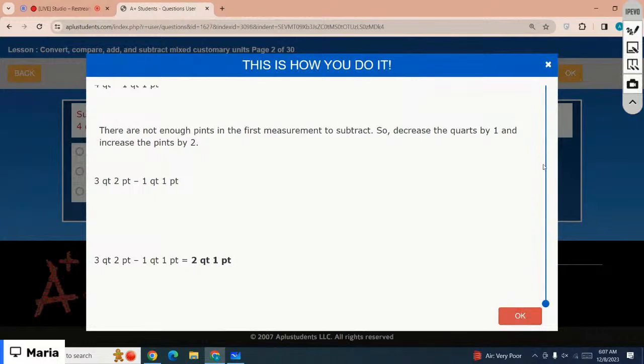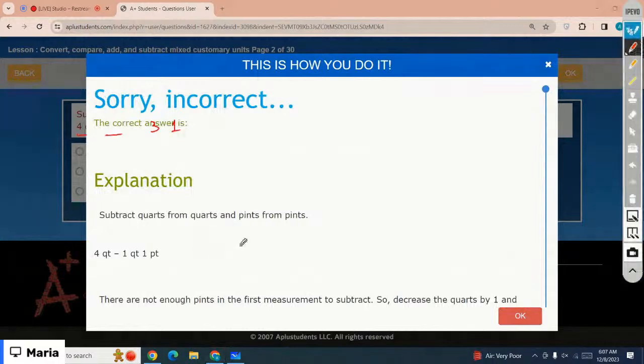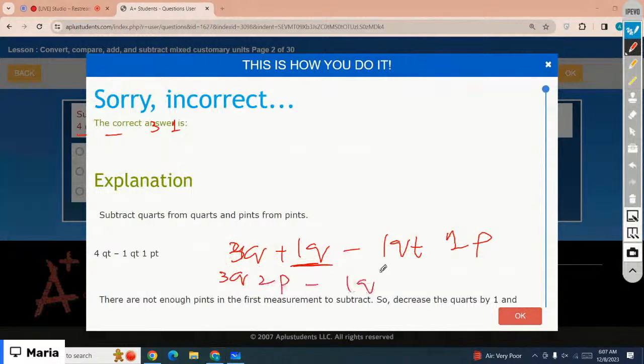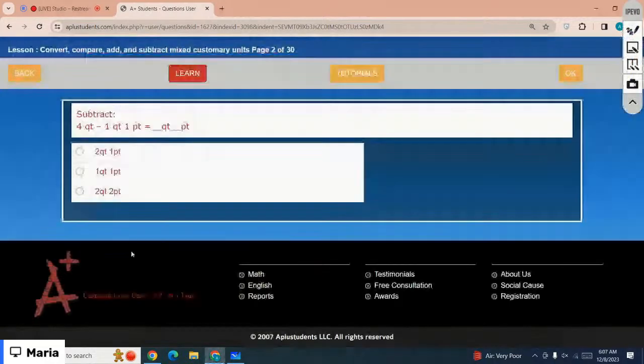So basically, you have 4 quarts here, and you write it like this: 3 quarts plus 1 quart minus 1 quart, 1 pint. And we know that 1 quart equals 2 pints. So that would be 3 quarts, 2 pints minus 1 quart, 1 pint. Now you can subtract: 3 quarts minus 1 quart is 2 quarts, and 2 pints minus 1 pint is 1 pint. So the correct option is 2 quarts, 1 pint. Option 1 is the correct option, right?